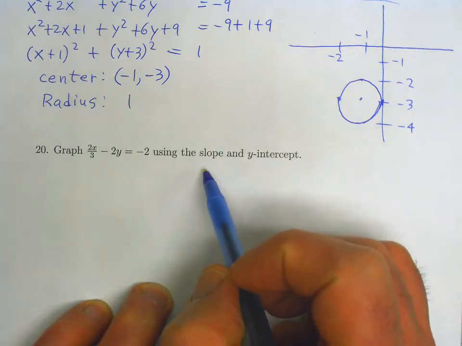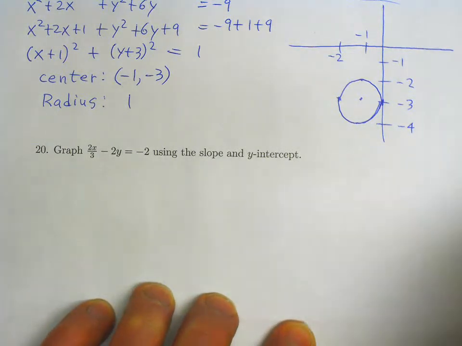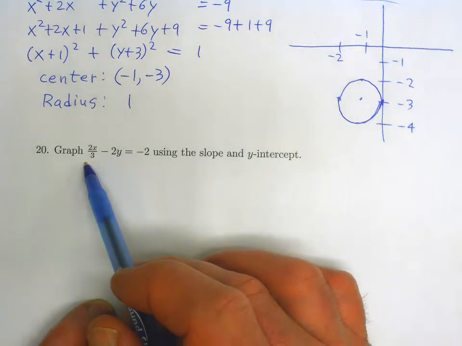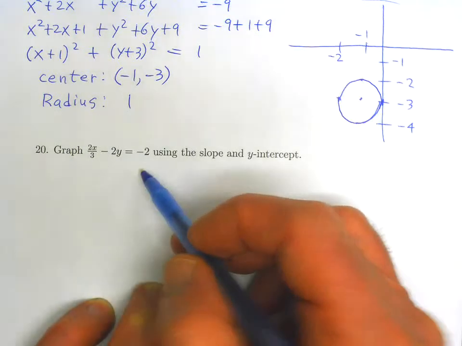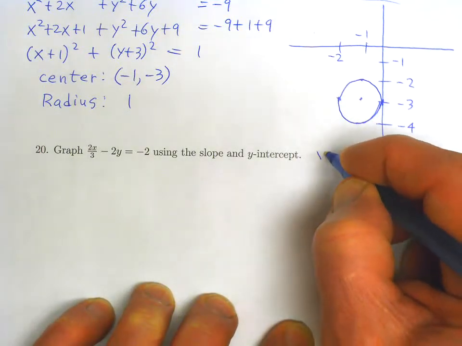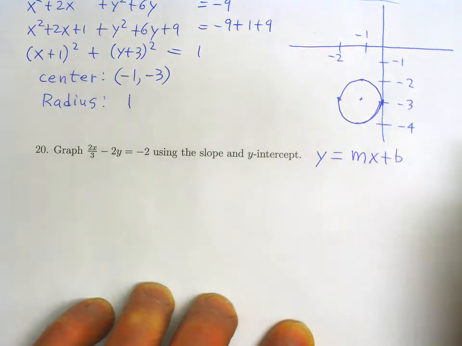And we're supposed to use the slope and the y-intercept to graph it. So what we'll do is we'll rewrite this so that it's in the slope-intercept form, the y equals mx plus b form.